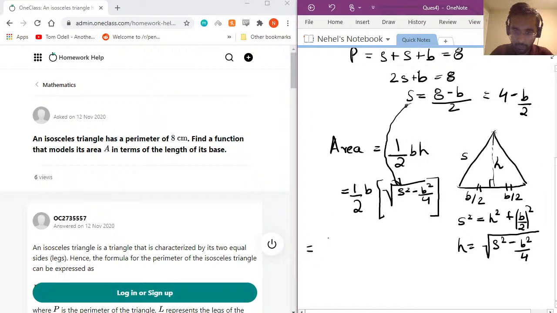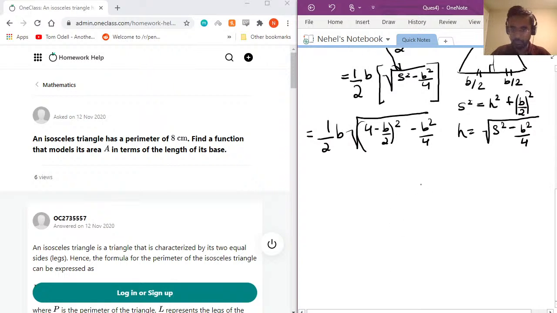So what would that give us? 1 over 2 b is outside. Then we have a square root of 4 minus b over 2 whole squared minus b over 2 squared. Okay, taking this one step further, we would have 1 over 2 b square root.